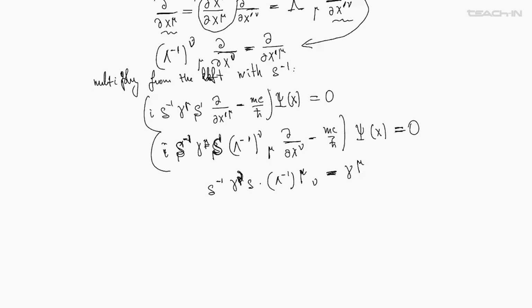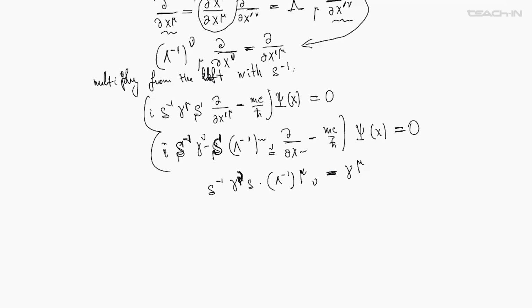And now to compare it to the standard form of the Dirac equation, allow me to use my eraser just to change the dummy summation index μ for ν, and the index ν, the old one, which is also a dummy summation index, for μ.